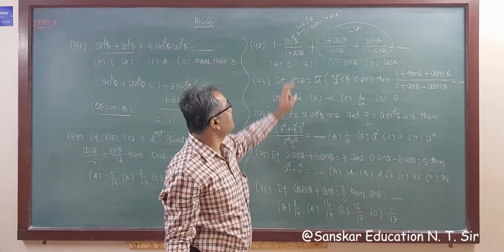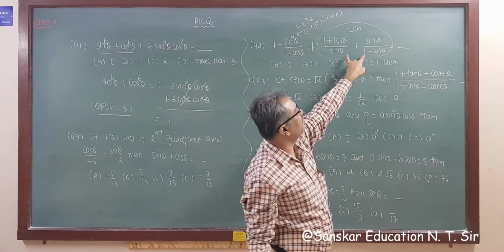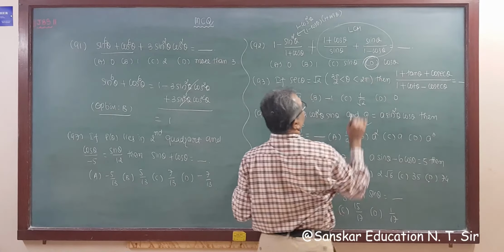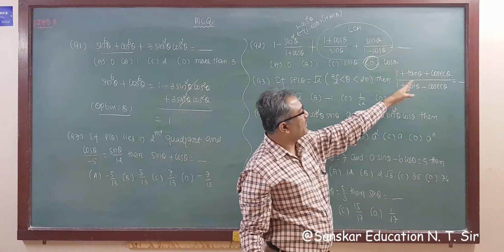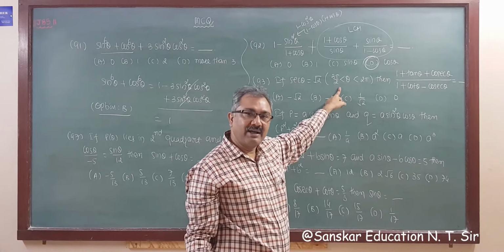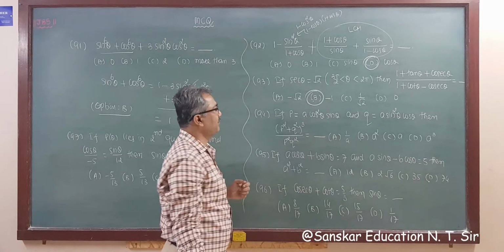Factorize this and cancel 1 plus cos theta, simplify, take LCM of these two, and you will get your answer as cos theta. Now sec theta: draw a triangle, find out the value of tan and cosec and use this condition, that is fourth quadrant, and find out the value. The answer of this will be -1.